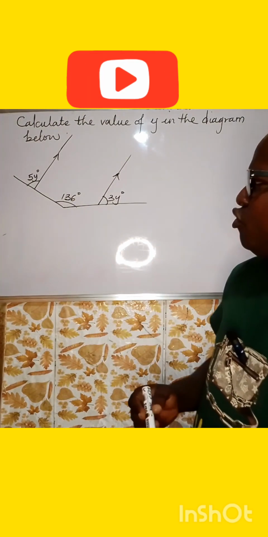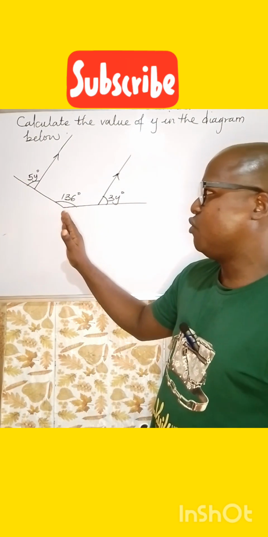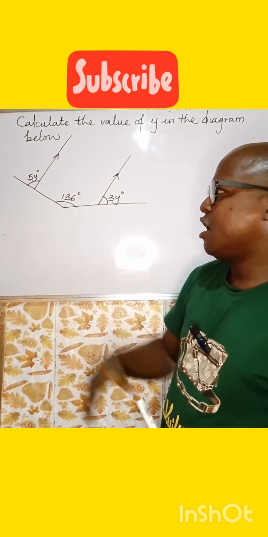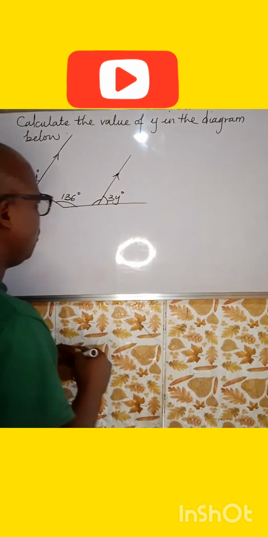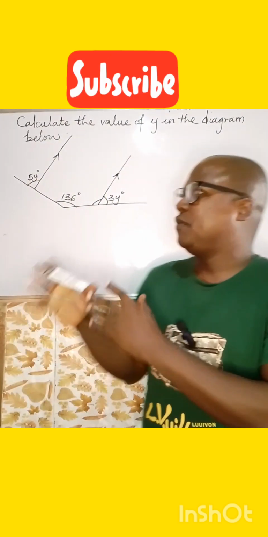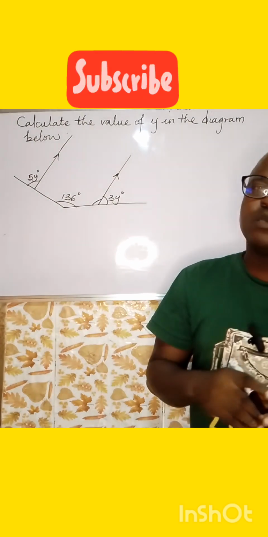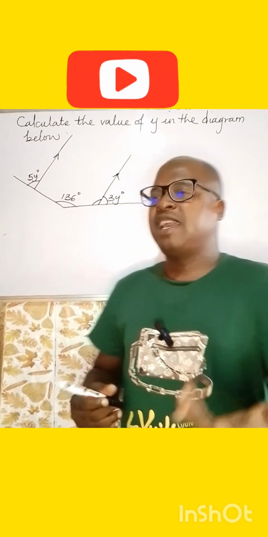Looking at this question, you will observe that both the y on either side of this angle are outside. We can actually bring them in, and to solve this particular question we will be using a lot of theorems.